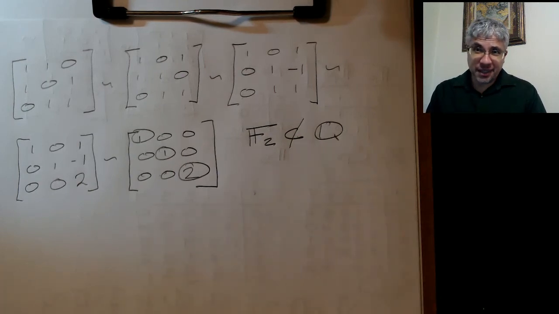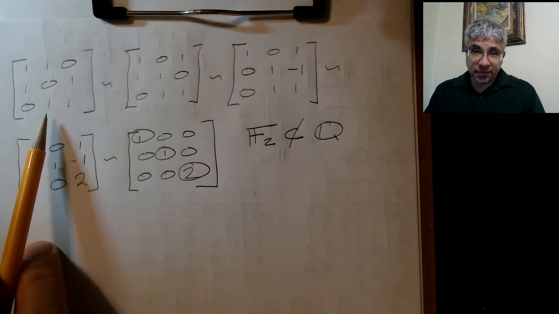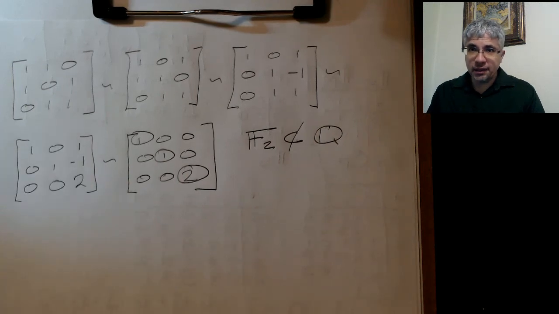But if I want to think about it as a field, no. So we'll see different things like that when we're working with these finite fields as well. But that's what I wanted to say there. If I were to row reduce this over the reals or the complex numbers, it would be the same because they do sit inside each other. So that would not happen. And there you go.